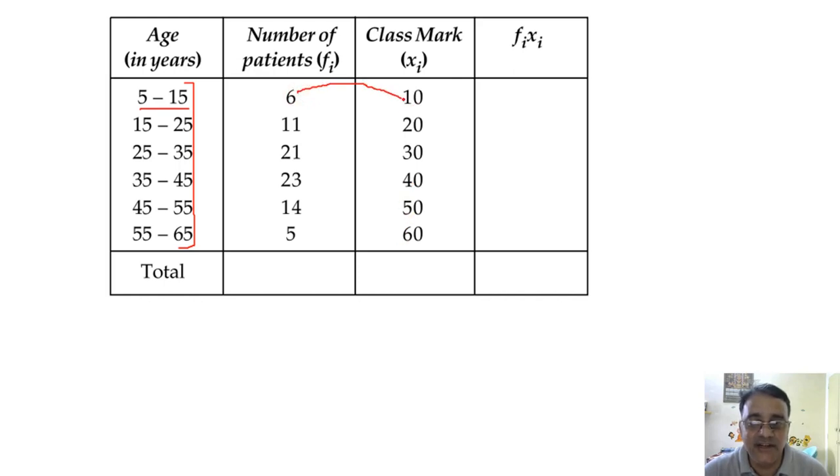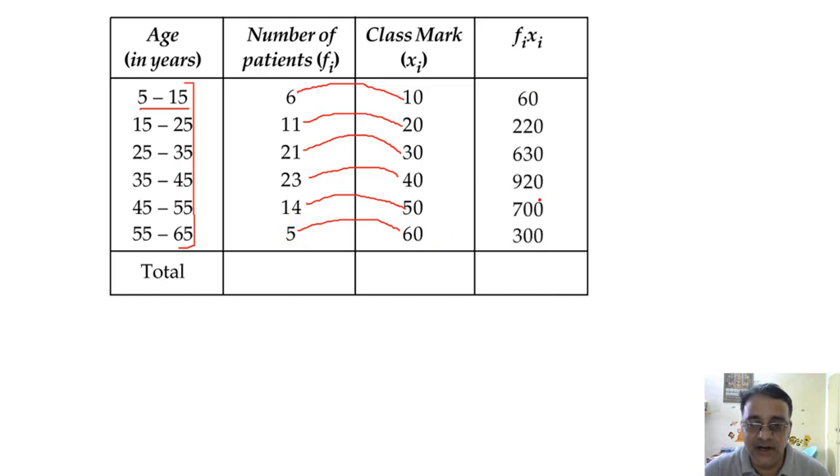So 6 into 10, 60, 11 into 20, 220, 21 into 30, 630, 23 into 40, 920, 14 into 50, 700, and 5 into 60, 300. So we have to add all these numbers.